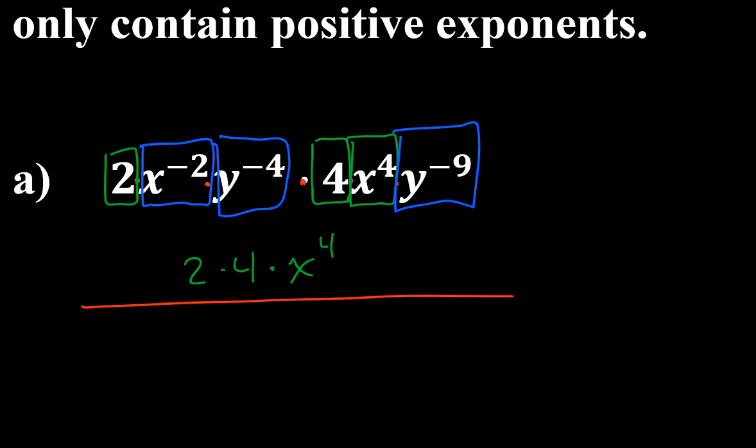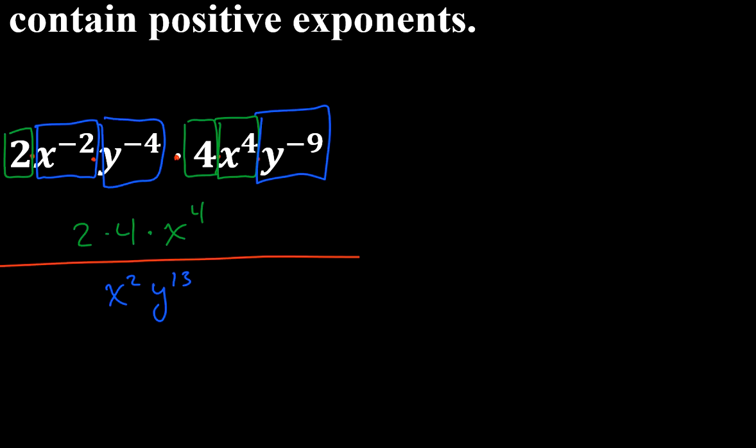In my denominator, there are 2 factors of x, so I've got an x squared, and then I've got 4 factors of y and 9 additional factors of y. So there's a total of 13 factors of y that live in my denominator. So we can rewrite this. All right, it's 8x to the fourth over x squared y to the 13th.